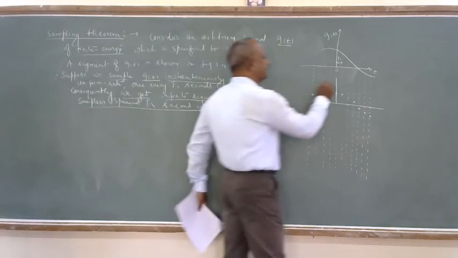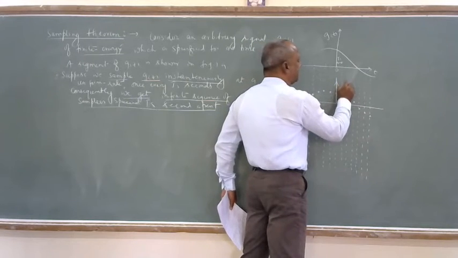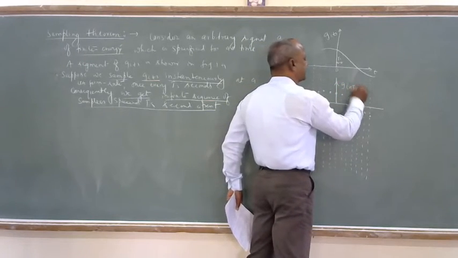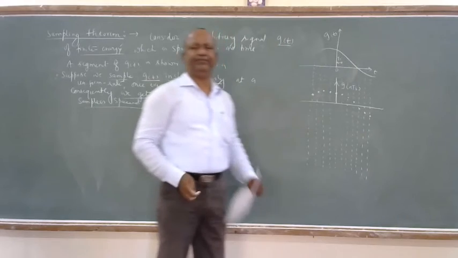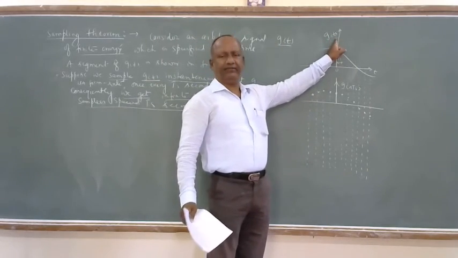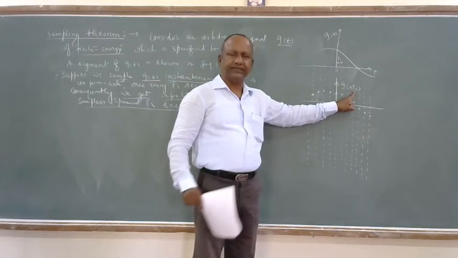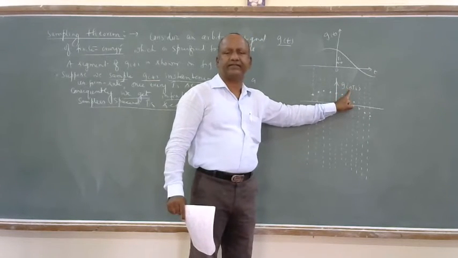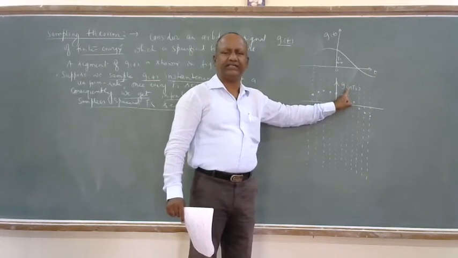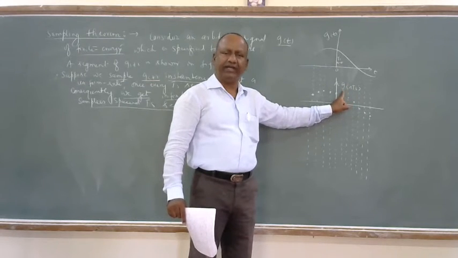Actually, I represent this by g of nts. It is not z of t. Z of t is a continuous signal. G of nts is the signal present at 1ts, 2ts, 3ts, 4ts, where n is an integer.